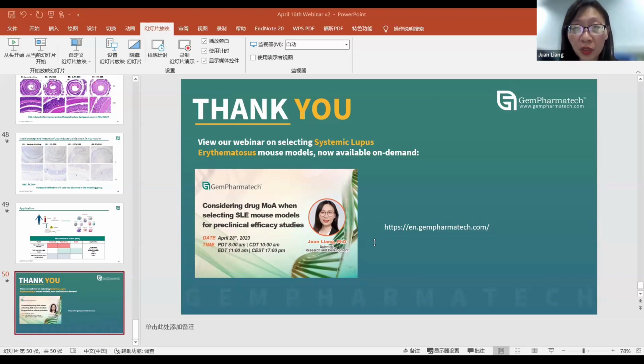So we have the question here: what are the readouts in your SLE model? In the immunoreconstitution SLE model, we could observe an increased level of double-stranded DNA in serum and also an increased IgG level in the serum.